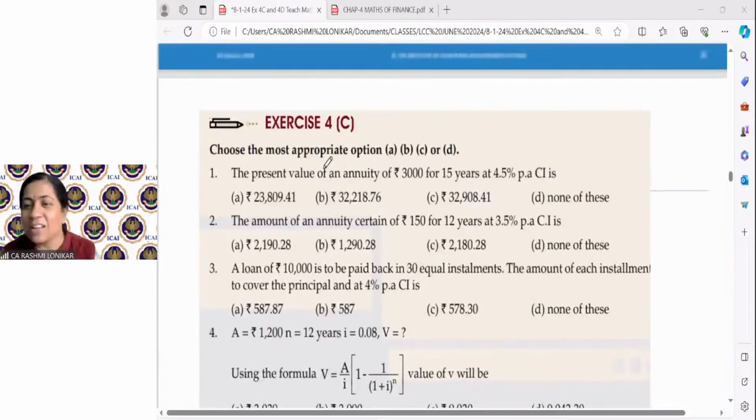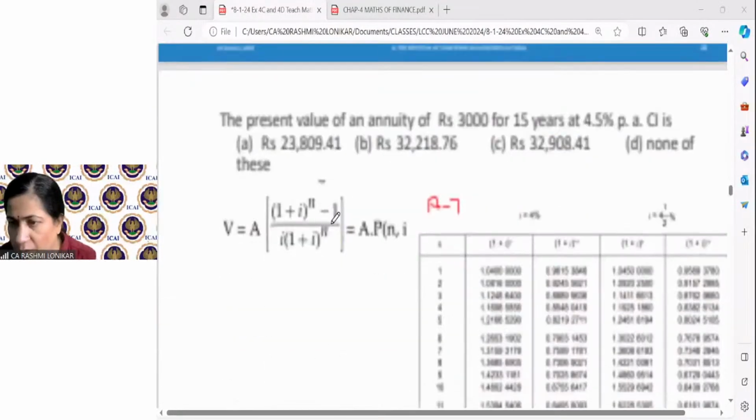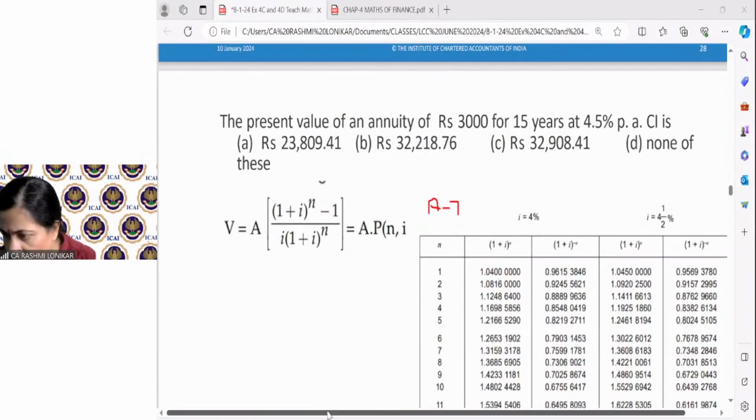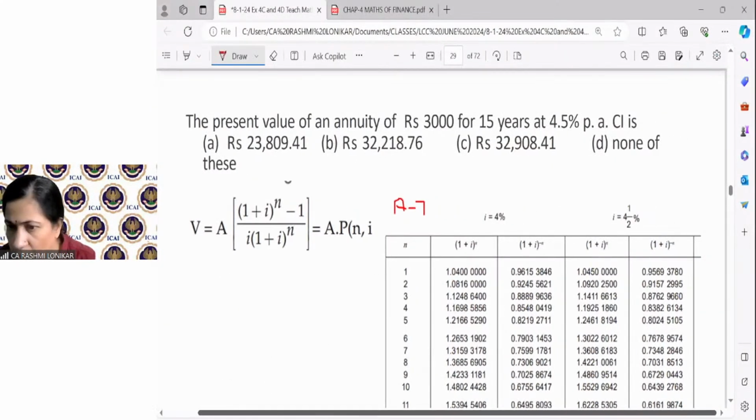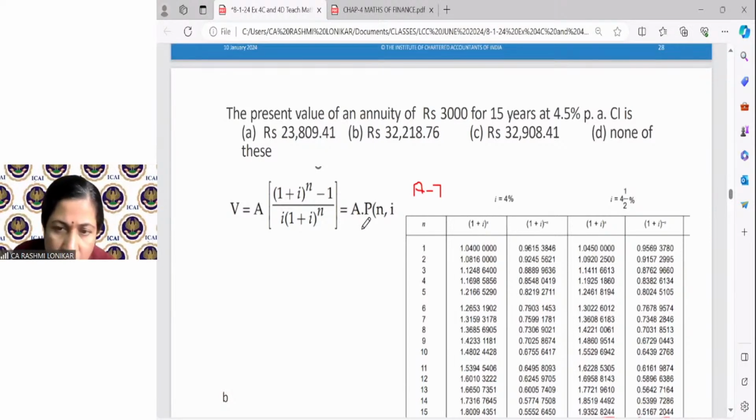Okay. So we are doing these sums, okay? First we'll do 4C. Okay. Just let's see. And then we'll do 4D. Yes, Anjali, application will be done, okay?